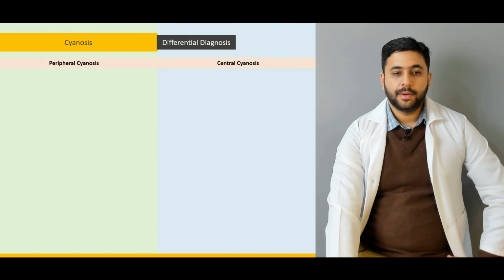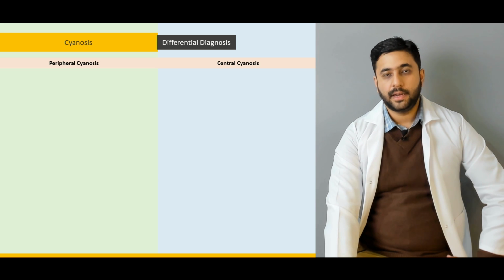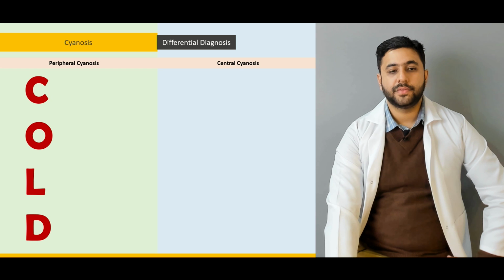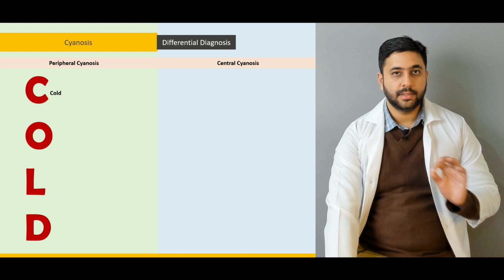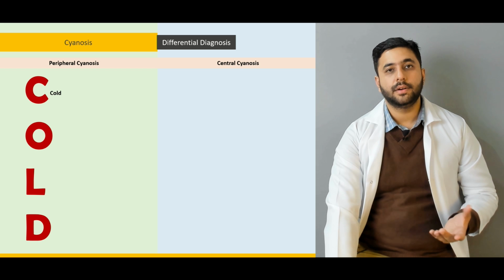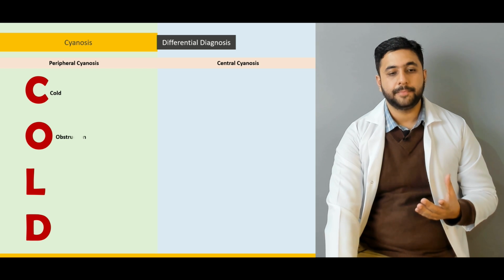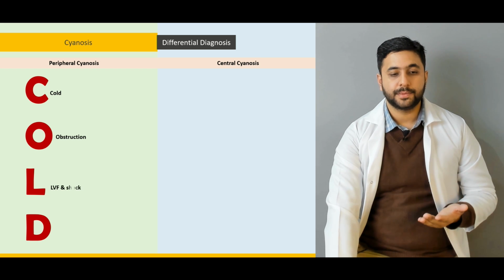Let me give you a couple of mnemonics to differentially diagnose the peripheral and the central cyanosis. You can remember the causes of peripheral cyanosis by the mnemonic COLD. C stands for cold, which generally is because of vasoconstriction in cold, leading to a decrease in the blood supply. O stands for obstruction, be it arterial obstruction or a venous obstruction.